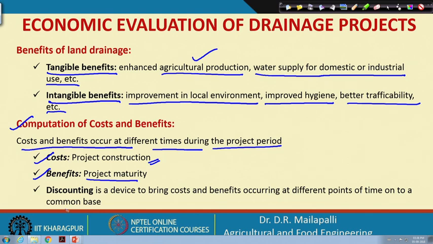you get the benefits. And then discounting is a device to bring costs and benefits occurring at different points of time onto a common base.